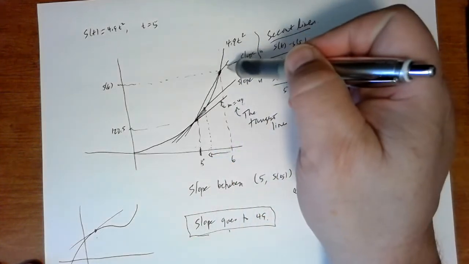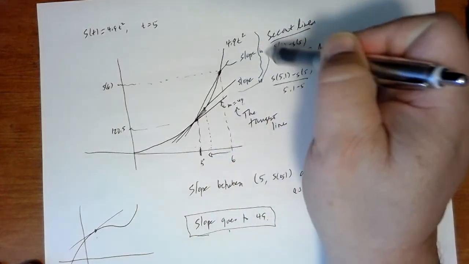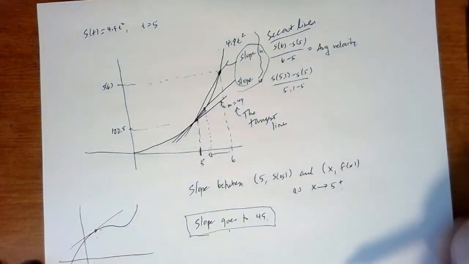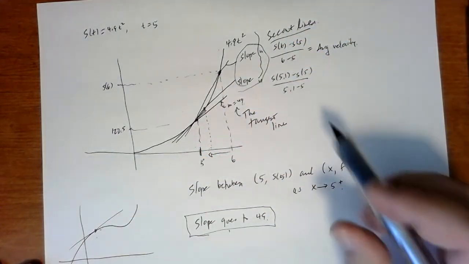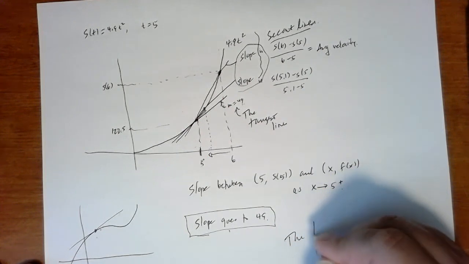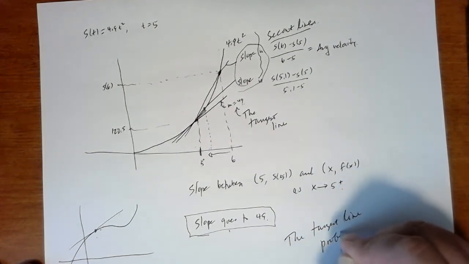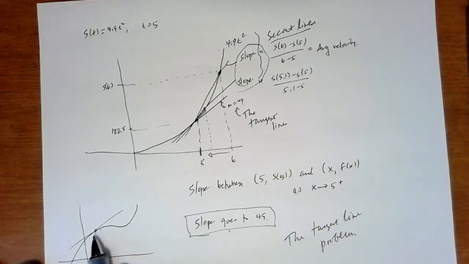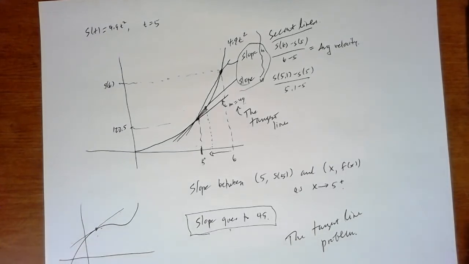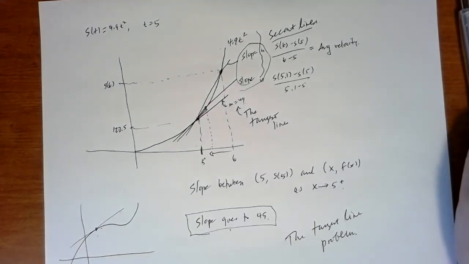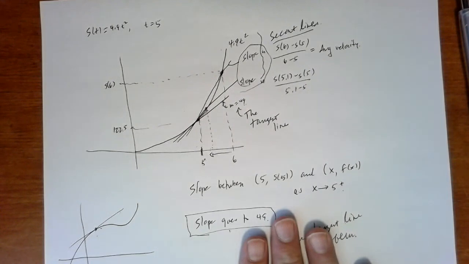Because what you're going to be doing is take the limit of these slopes, and we'll be able to compute that. Okay, so this is the tangent line problem. The tangent line problem being, again, we want the slope of a line, but we only have 1 point. Okay, so the limit is the answer, and we will get much more in depth in this later on.